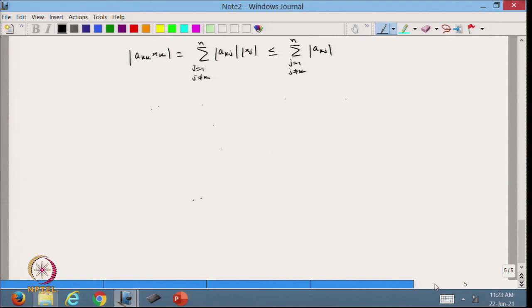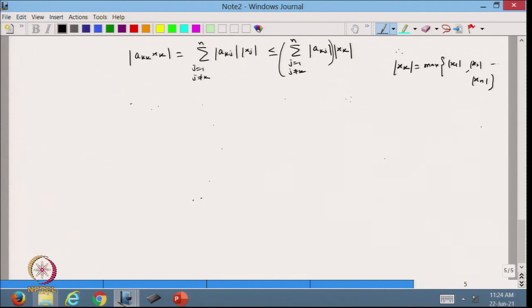It means I can write x_k, because the x_k magnitude is the maximum of x_1, x_2, ..., x_n that we have taken. So I have just taken it outside, because otherwise it comes with each member, but I have taken x_k as common from all of them. So I have just written it like this.